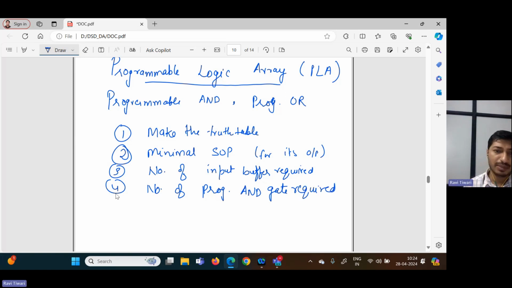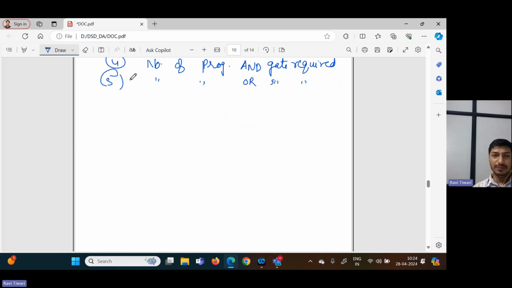And in the fifth step, we will calculate the number of programmable OR gates required. Those are the 5 steps we need to follow to design any circuit based on PLA. So based on this PLA, we are taking the first example.